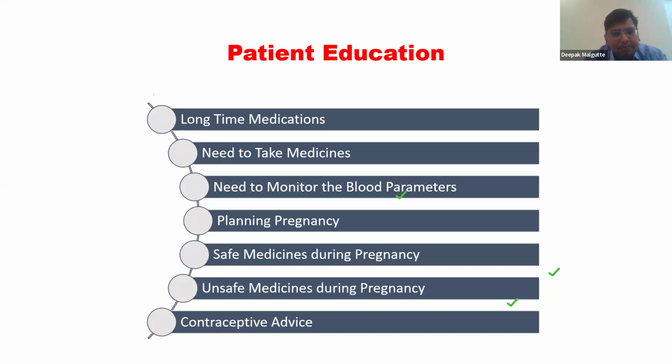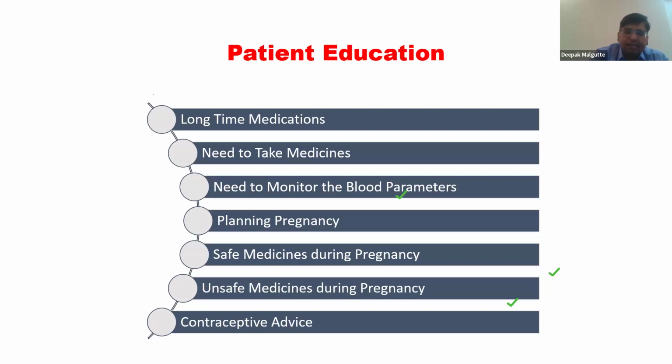And many of these patients are young females, so strong importance should be given to their planning for pregnancy. The medications which are not safe during pregnancy, like methotrexate and leflunomide, should be avoided if they are planning for pregnancy, 3 months before planning. And what we can offer them is sulfasalazine and hydroxychloroquine.